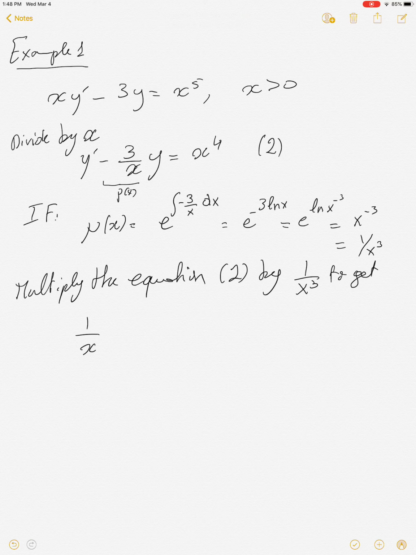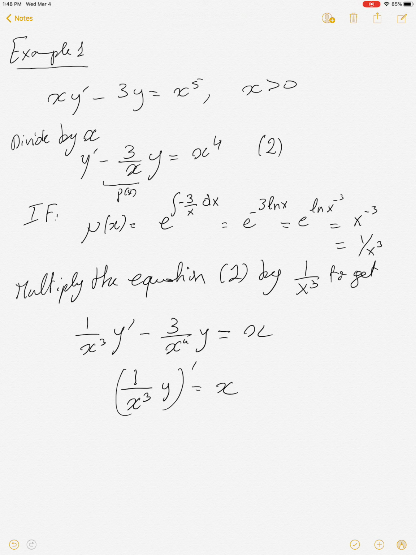(1/x^3) y' - (3/x^4) y = x. But notice that this is nothing but ((1/x^3) y)'. So you always get the integrating factor times my original function, all prime, equal to x.